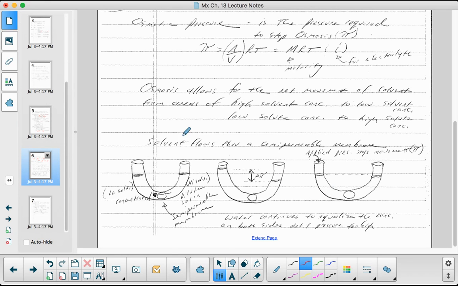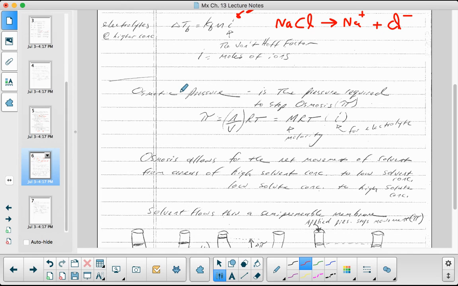And so there's an equation for osmotic pressure. The variable is the pi variable, and osmotic pressure is equal to MRT. And M is capital M for molarity, not molality now, as it was for the above equations, but it's now molarity, which is moles of solute per liters of solution, right?